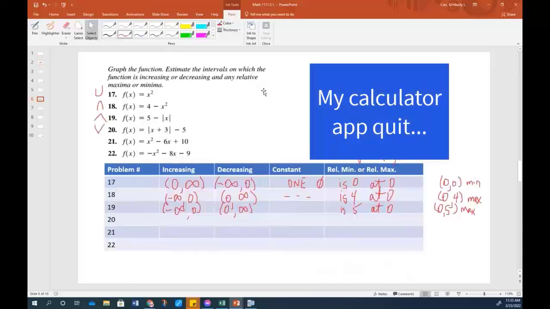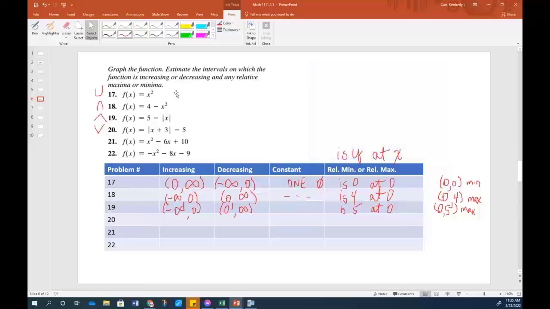Okay, so if we graphed this one, and you can pause this and put it into your own graphing calculator and look at it, the low point right here occurs at (-3, -5).